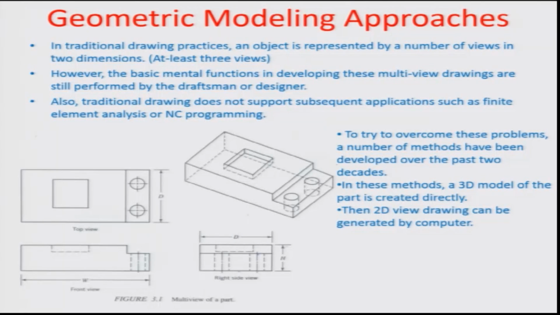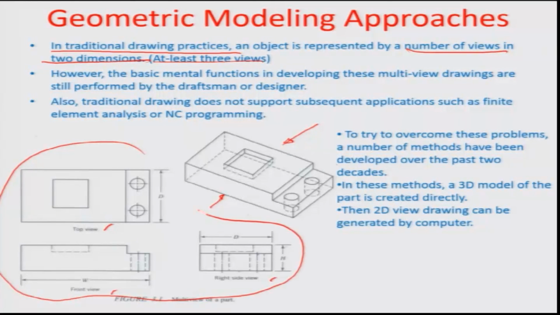In traditional drawing practices, as you know, an object is represented by different views. There can be the front view, side view, and generally there are 3 views which would express the object in totality. For example, you can see this representation of a geometric object in isometric form shown right here, and in different views, the top view, the front view or the side view, is represented in this section of the slide.